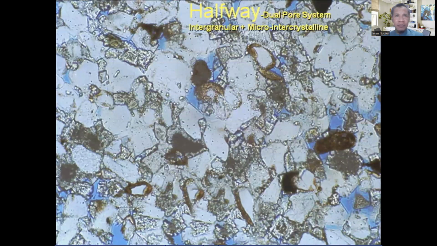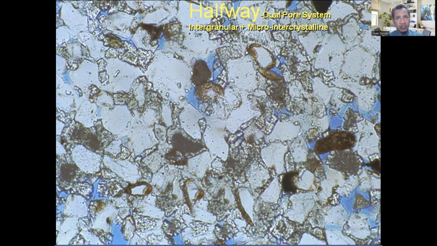At first I thought it was just instrument error. I don't know what it was, but finally we found the Halfway has a dual pore system. It's got an intergranular pore system, and it's got more micro intercrystalline pores.